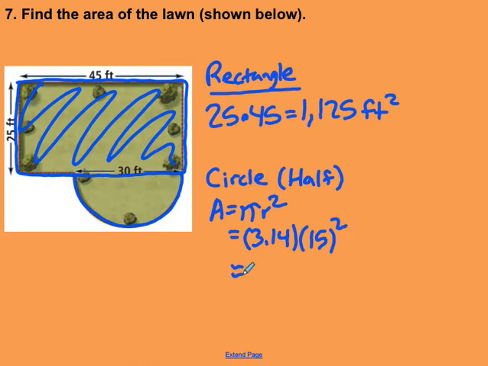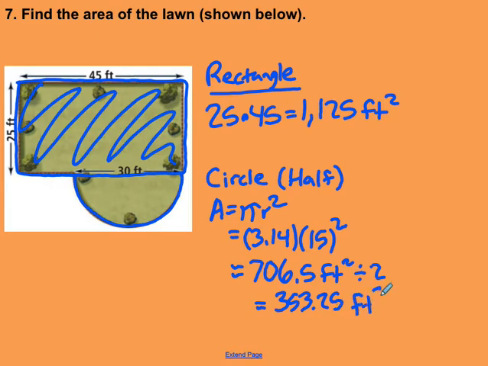This comes out to be approximately 706.5 feet squared. We are going to divide that in half, and we'll get 353.25 feet squared.